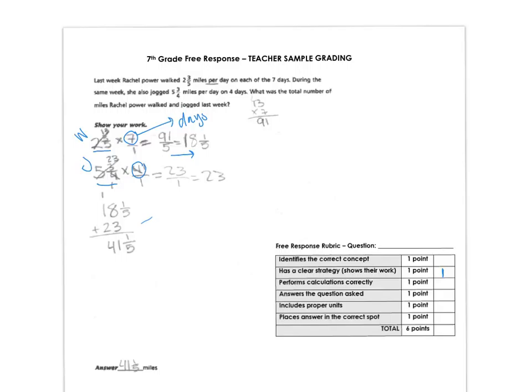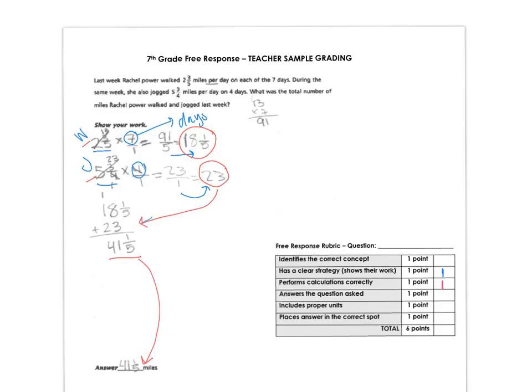For their second fraction, they got 23/1, which is equivalent to 23. And then I'm noticing with both of these, they took the miles for walking and jogging and combined them here to get their final answer. So their calculations are correct.